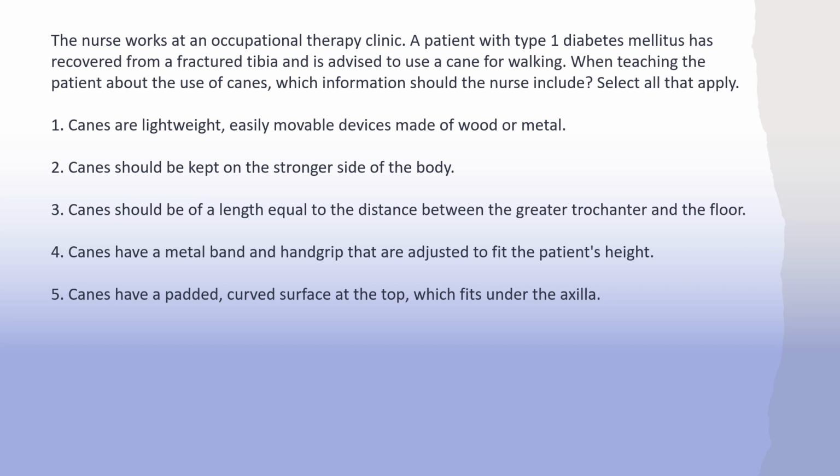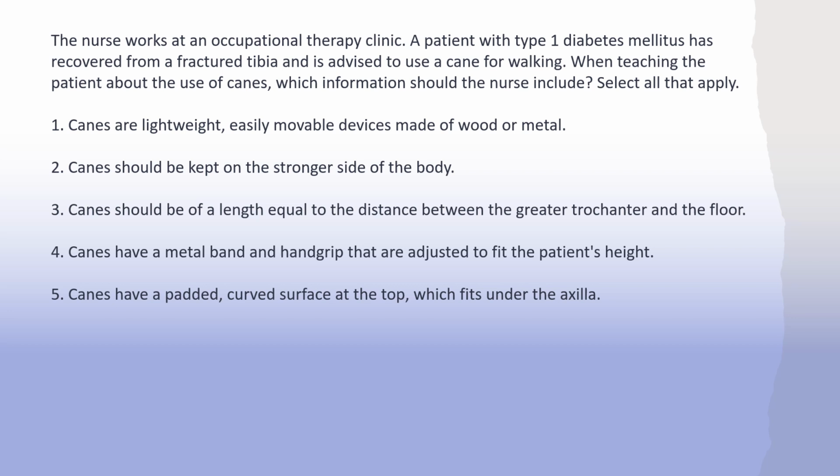The nurse works at an occupational therapy clinic. A patient with type 1 diabetes mellitus has recovered from a fractured tibia and is advised to use a cane for walking. When teaching the patient about the use of canes, which information should the nurse include? Select all that apply. 1. Canes are lightweight, easily movable devices made of wood or metal. 2.